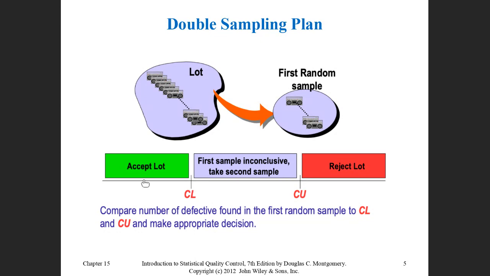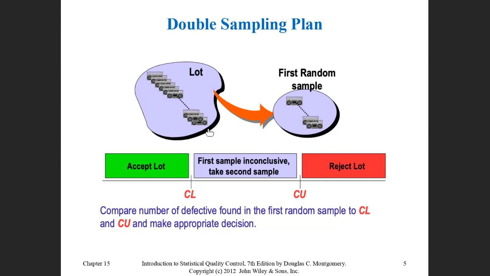But what does it mean here? If the first sample has, let's say, 2 defective out of the 5, then it is acceptable, right? Because we said the cutoff point is 3 out of 5. But this is double sampling. That means we have not yet completed the sampling plan.